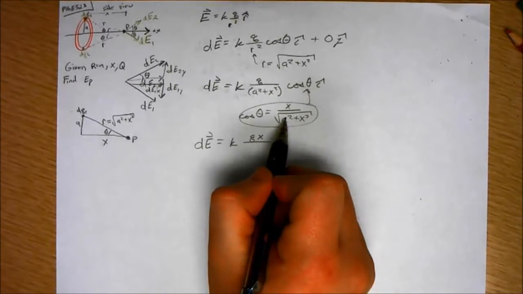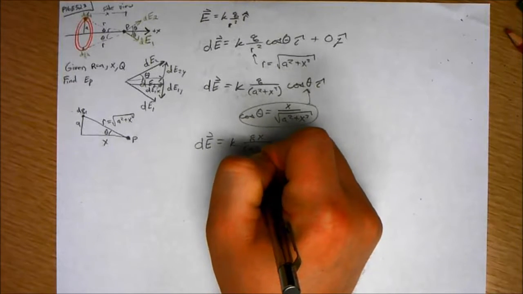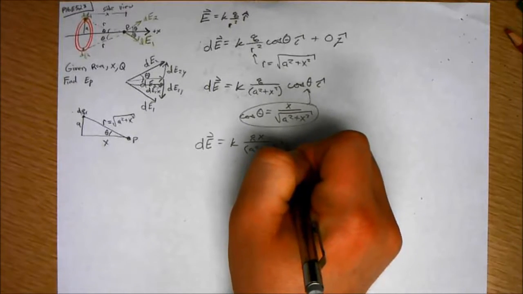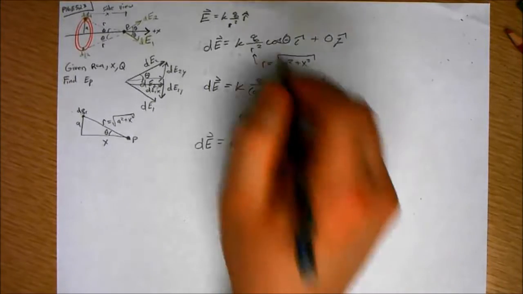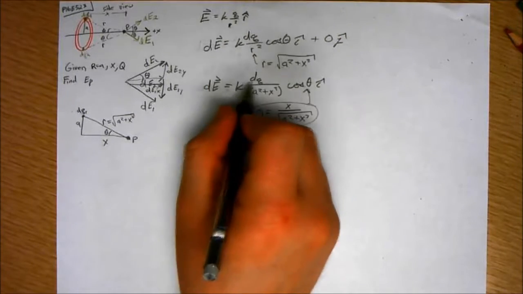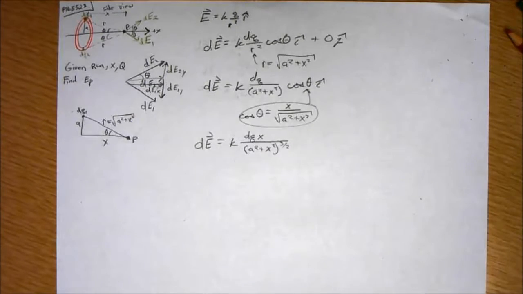Now this is going to be to the 1/2 power times the first power, so I can combine those two, a squared plus x squared to the 3/2 power. Oh gosh, I forgot the dq everywhere because this is a differential charge element that creates a differential electric field. Sorry.